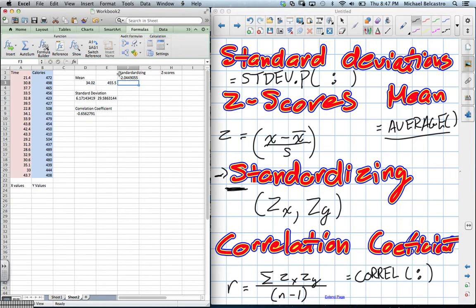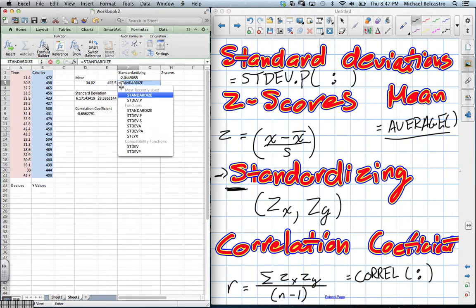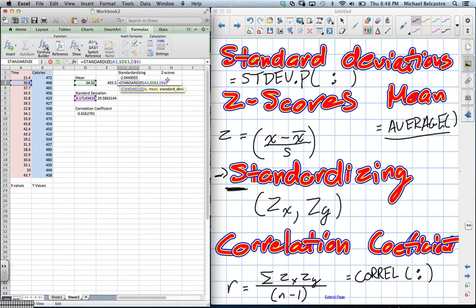So normally we would copy this. Okay, yeah. I'm going to show you the fast way again. So standardize. We still want this value, comma. We want our mean to always be the same. So in other words, we need what values here? Oh, the number, the dollar sign. We need those dollar signs. So that means if we copy this function, it's always going to take the mean from there. Oh, okay. Okay, right. And our standard deviation, again, we need to be the same. So we're going to put dollar signs.